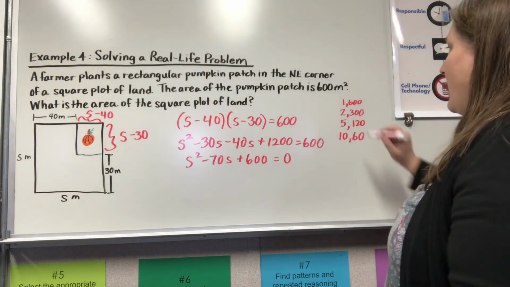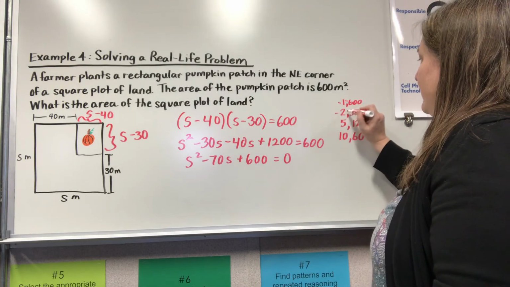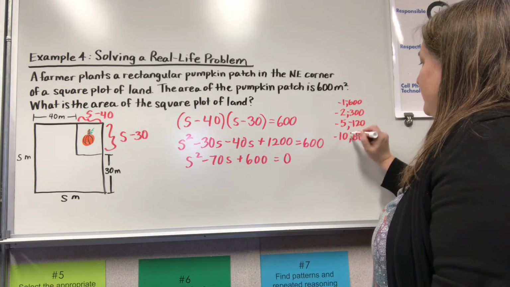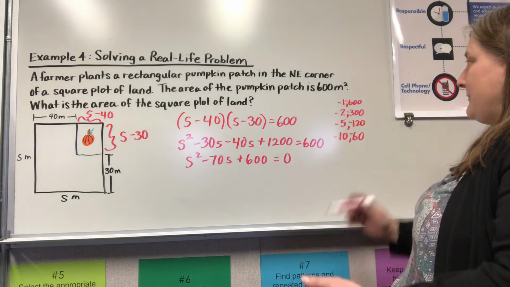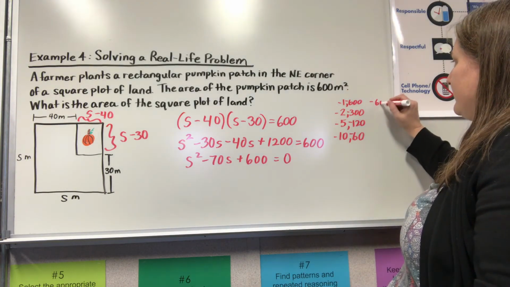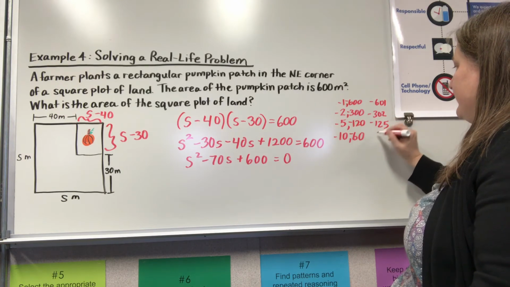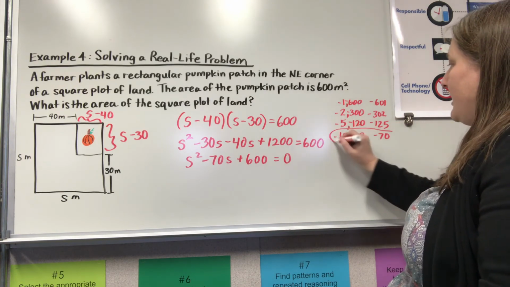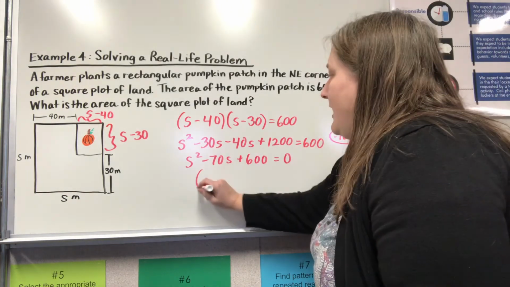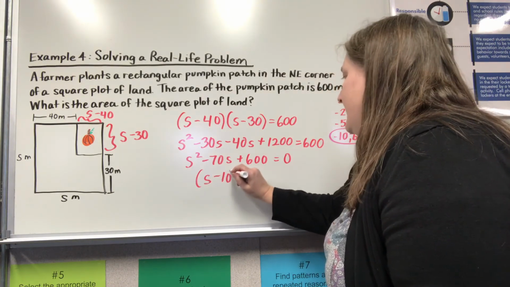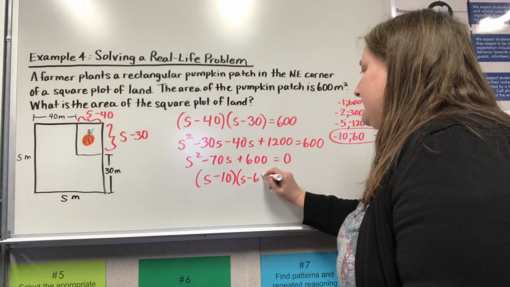So I know these are negatives, because I'm getting a negative sum. If I add some of these up, I get negative 601, negative 302, negative 125, negative 70. This is what I'm looking for. So S minus 10 and S minus 60.